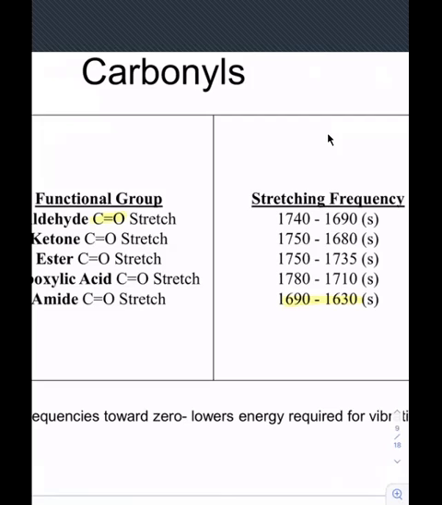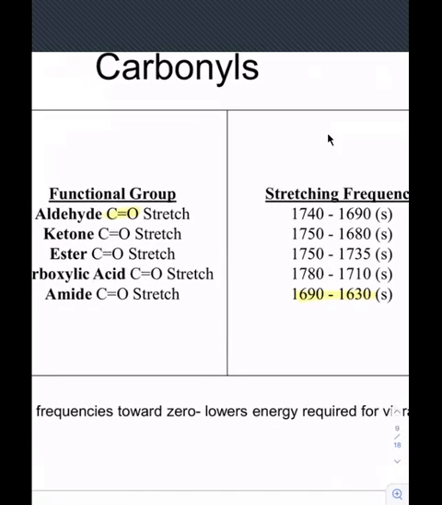That's what that stretch means. So the aldehyde stretch, 1740 to 1690, right? So there's a lot of nuance in there, depending on what's attached to that aldehyde. That's going to affect where it shows up on the spectrum. Your ketone stretch, right? 1750 to 1680. Your ester stretch, 1750 to 1735.